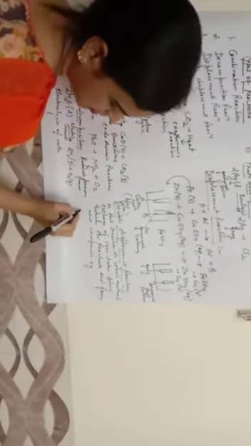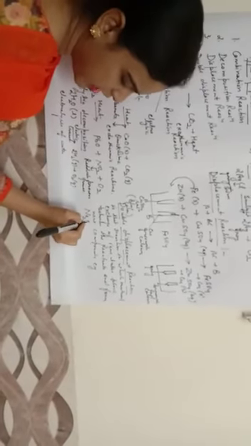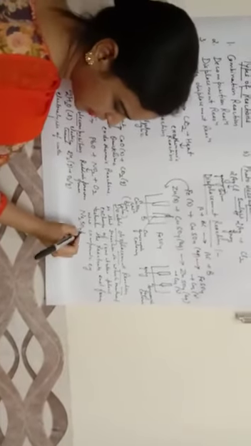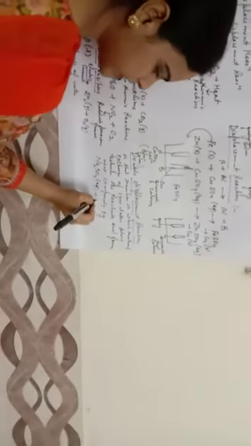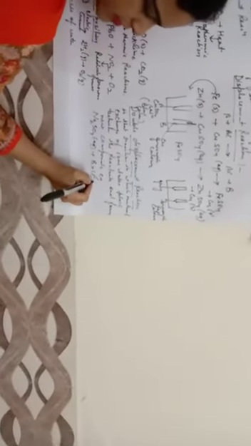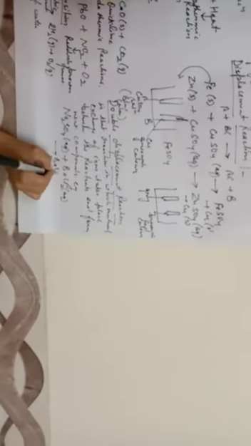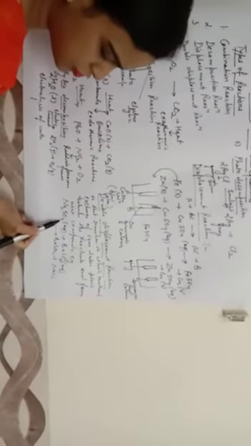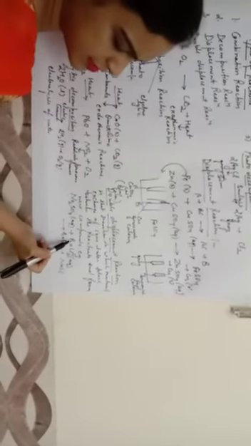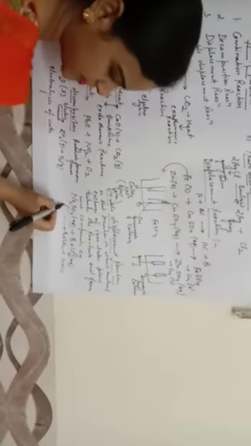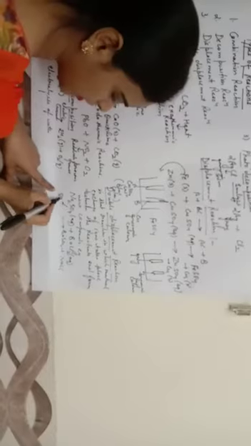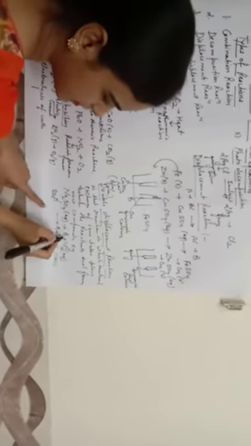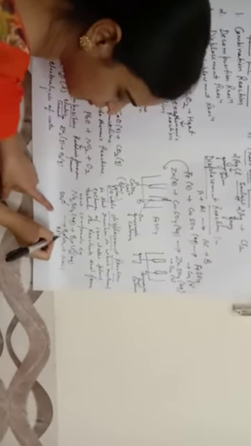For example, sodium sulfate, Na2SO4, that is in aqueous solution, when it is combined with barium chloride, BaCl2, it forms barium sulfate with sodium chloride. Here we will see that in this Na2SO4 there are SO4 two negative ions, in this BaCl2 there are Ba2 positive ions.